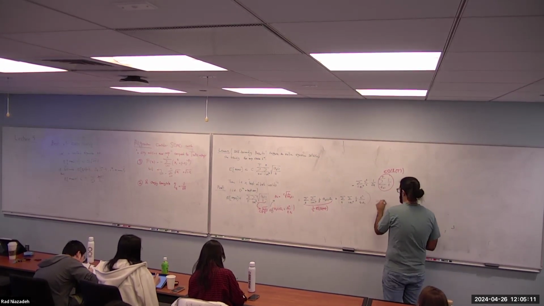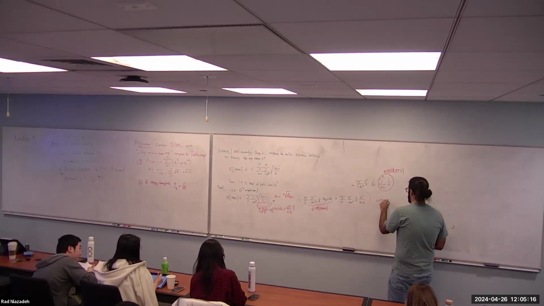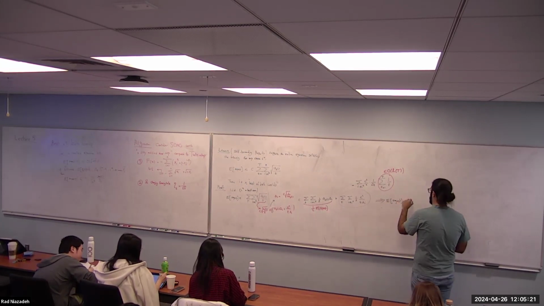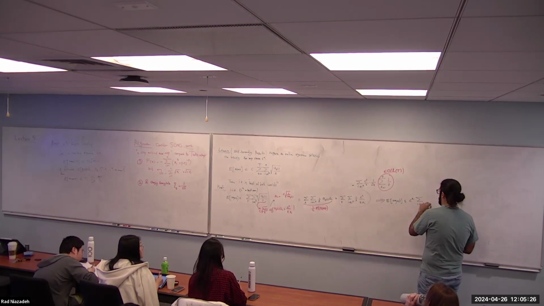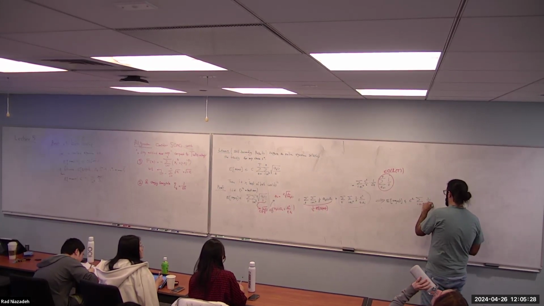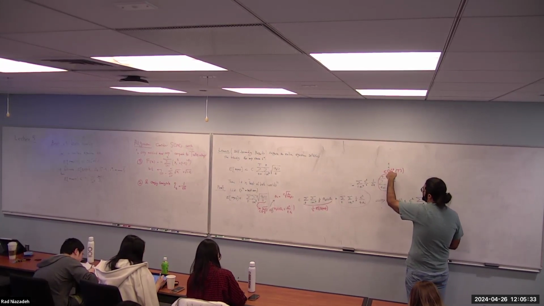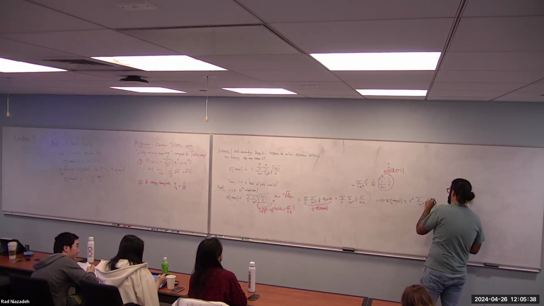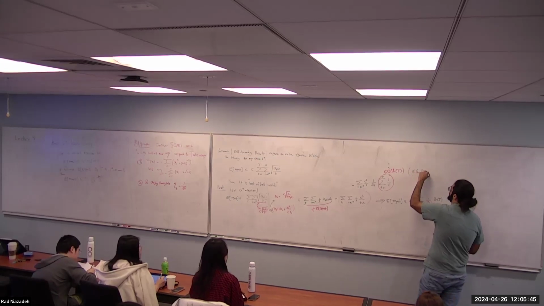Therefore, if I move this to the left-hand side, I can say expected regret is upper bounded by C squared summation I not equal to I star 1 over delta I. And in fact, this order is always 1. If I change it to T plus 1, it's an upper bound. So let me write it exactly like this. It is at most Ln of T plus 1.